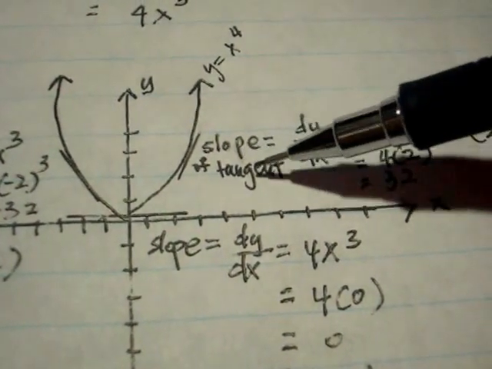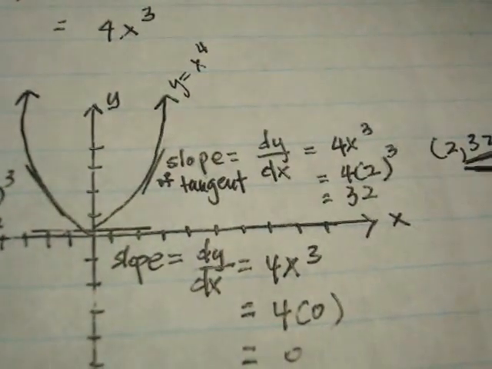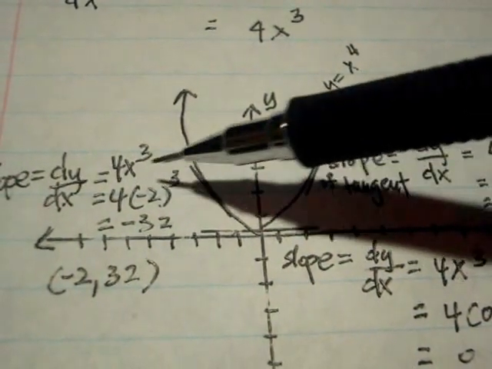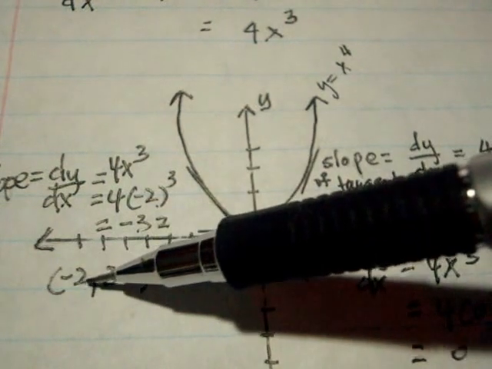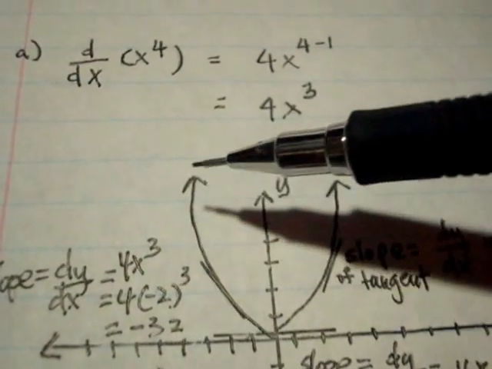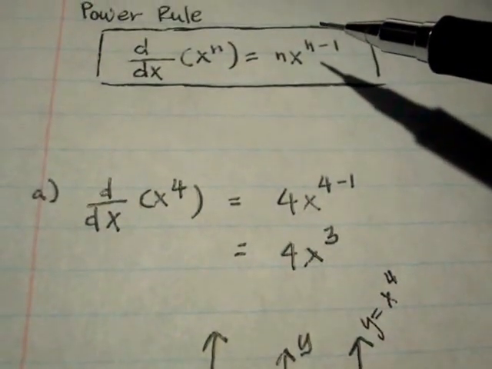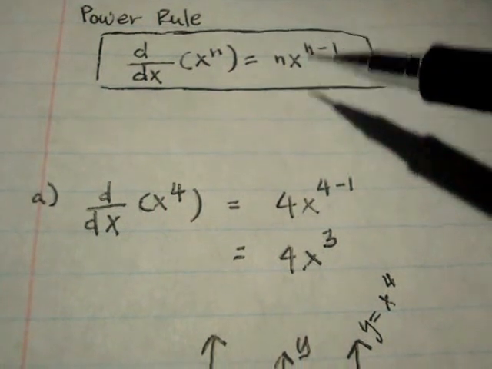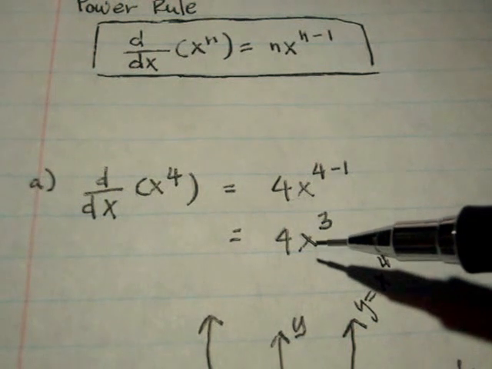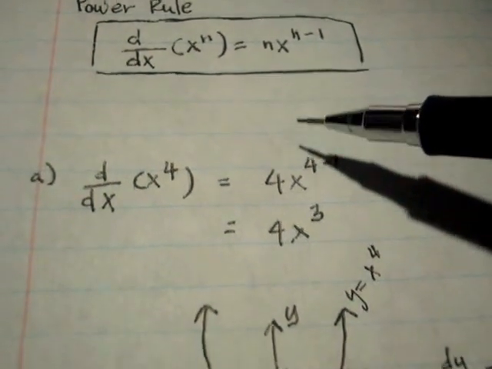And the slope of tangent for this point right here will be 2, 32. As for the slope for this one, it will be negative 2, 32. So the basic idea of the power rule derivative is almost the same thing as finding the slope of the graph. The slope can be the proof of the power rule derivative.